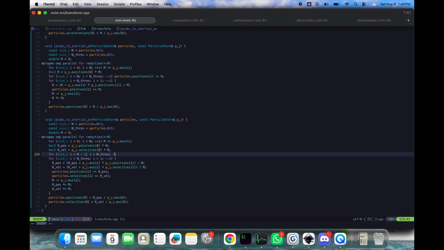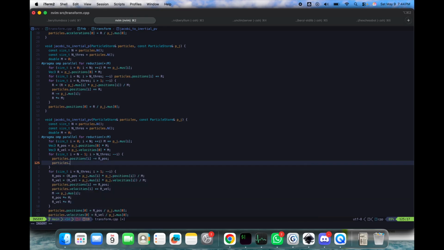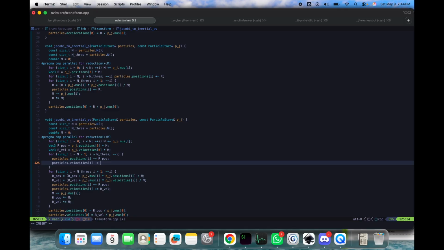Minus I. Particles positions index I minus equals R pos. Particle velocities index I minus equals R vel.